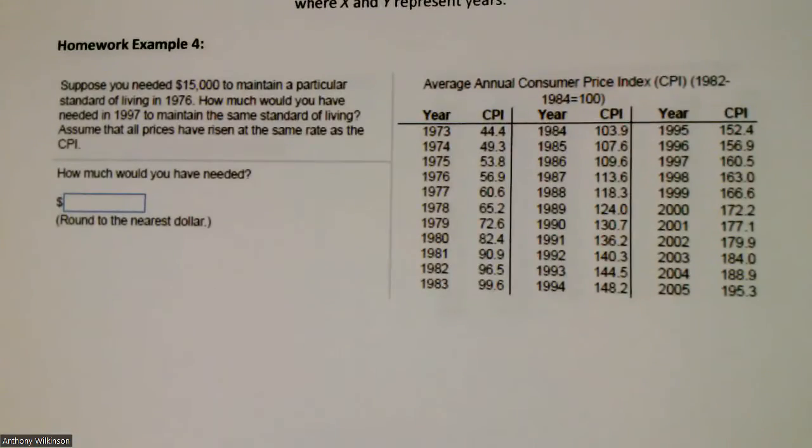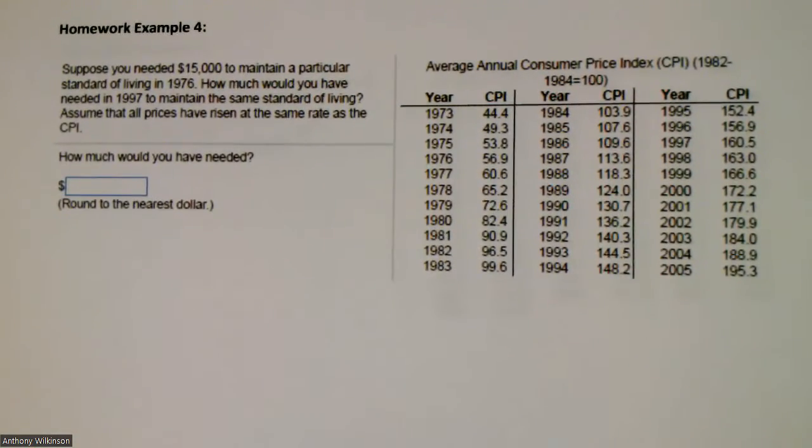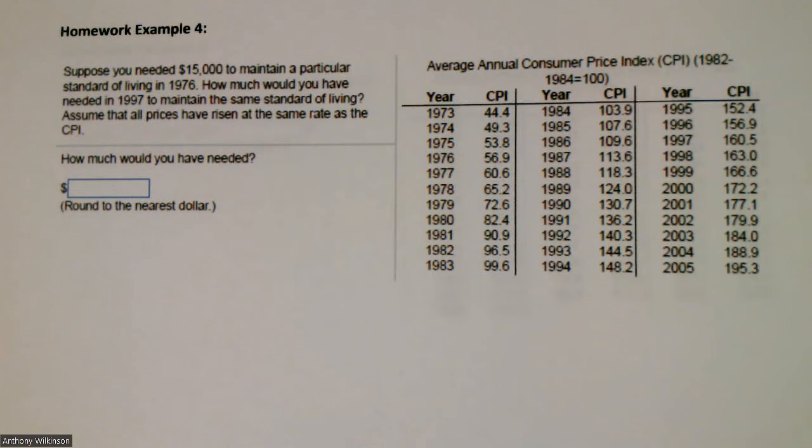Like in this example, suppose you needed $15,000 to maintain a particular standard of living in 1976. How much would you have needed in 1997 to maintain the same standard of living?